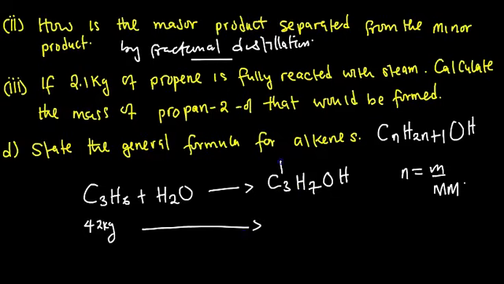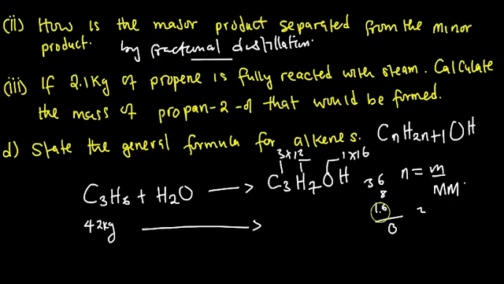Carbon 3 is 3 multiplied by 12, which gives us 36. Then plus hydrogen, there are 8 of them, so 8 times 1 is 8. So 36 plus 8. Then oxygen is just 1 multiplied by 16. If you add, we have 36 plus 8 plus 16. 8 plus 6 is 14, plus 6 is 20, so 0 remainder 2.